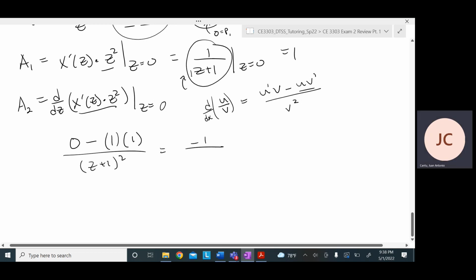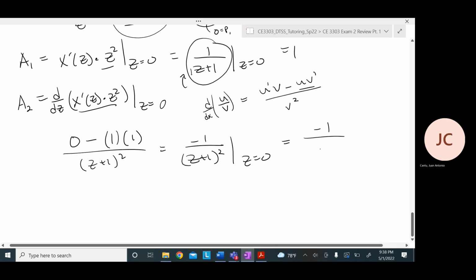So we'll just have -1 over z plus 1 squared. So this is what we evaluate at z is equal to 0. If we do that, we'll get -1 over 1 squared, which of course is just going to be -1.